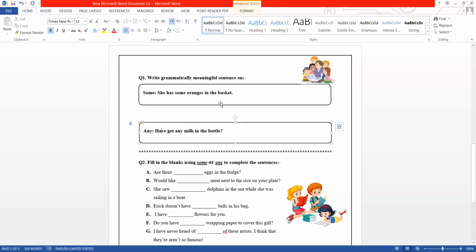But if we look again, we would see that we asked for a sentence and not for a question. So I would change it to a negative sentence.